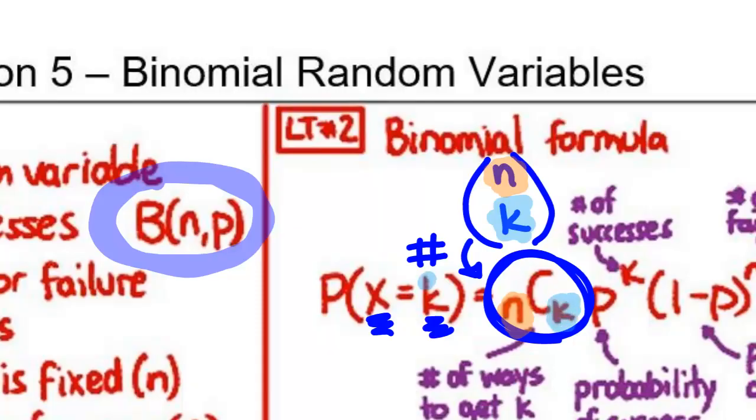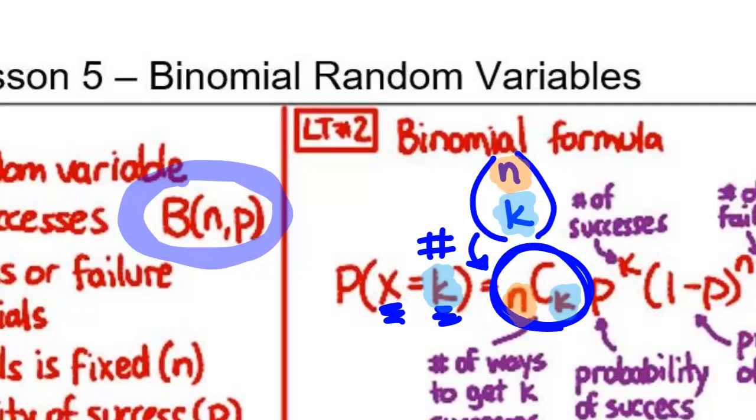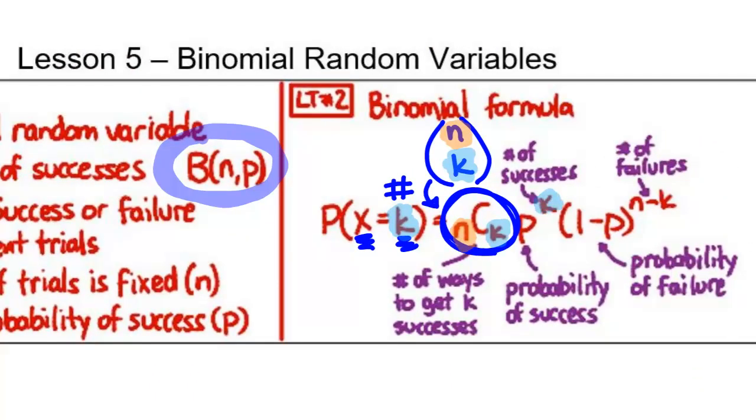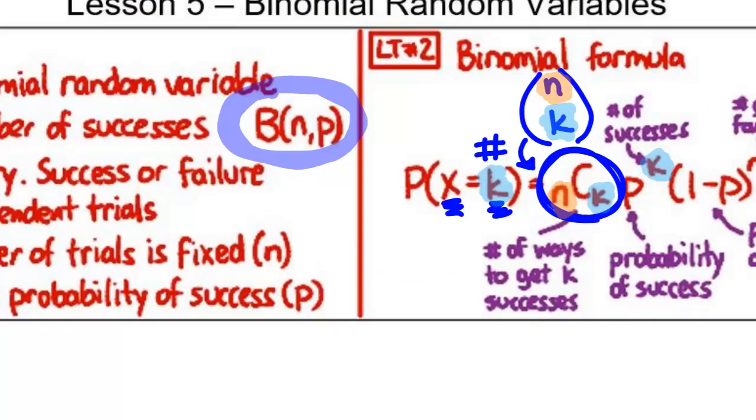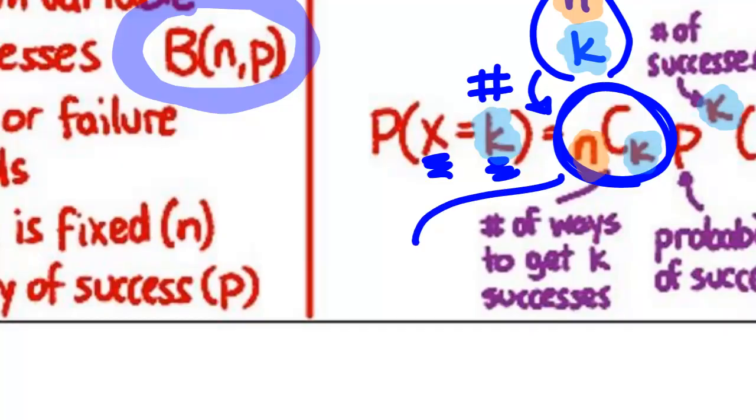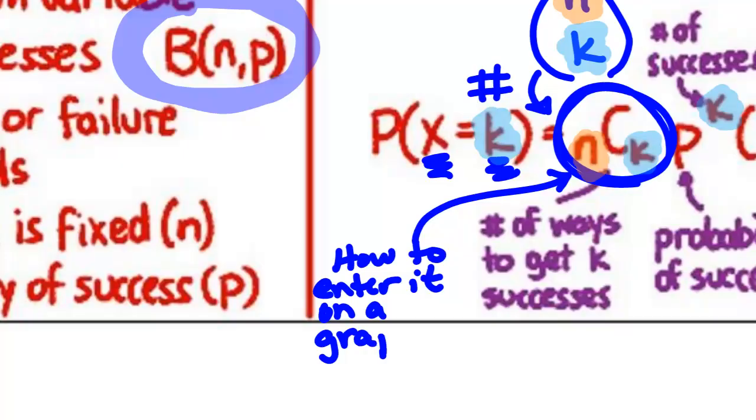This is how many successes we want. Then we have the probability of success to the power of the number of successes that we want, and then the probability of failure to the power of the number of failures. Right, and again, this is how to enter it on a graphing calculator.